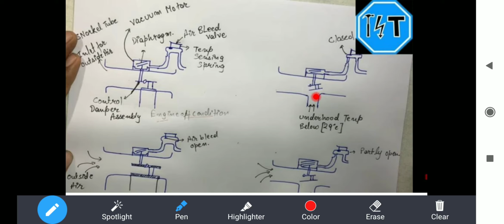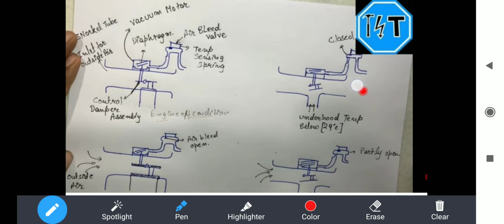When this cold air enters, at that moment from the engine the hot gases are being passed from this outlet port. When the gas pressure is increased over here, this control damper assembly is opened, and the cold and hot gases mix with each other, and the hot gases make the cold gases convert to a high temperature.